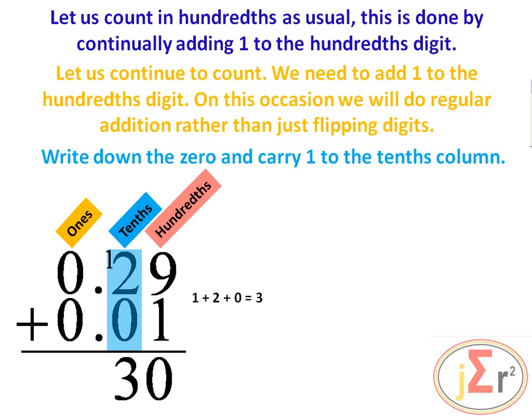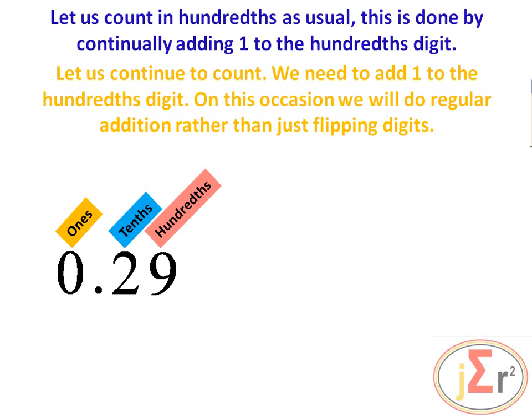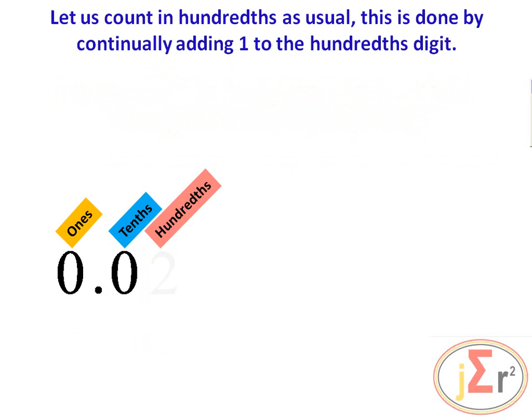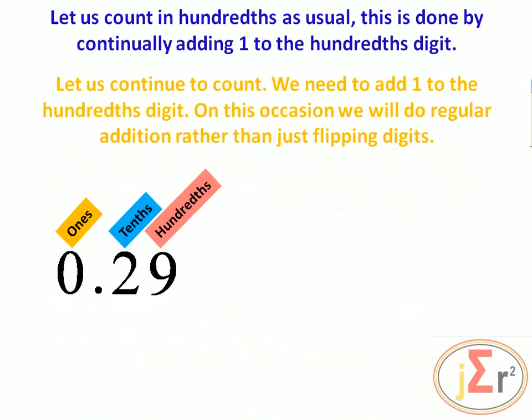And that is why when we had it earlier on, like that, take note of what happens. As soon as we get to 9, if one more is added, it goes to increase the 10th digit, and the 100th digit returns to 0.